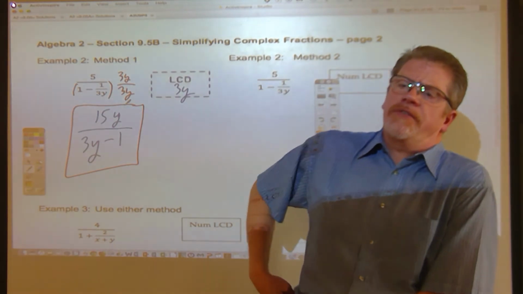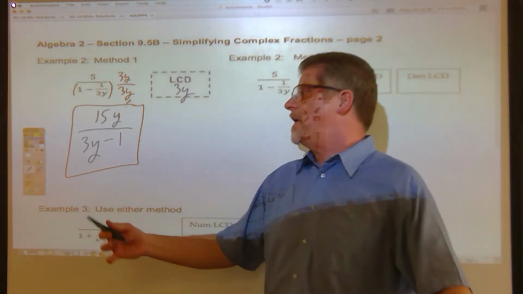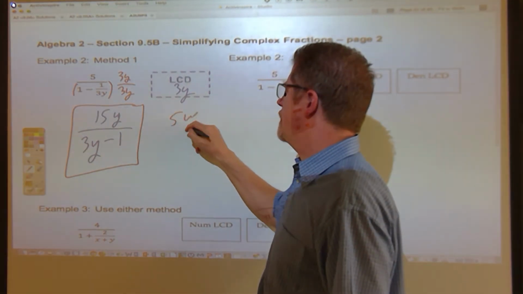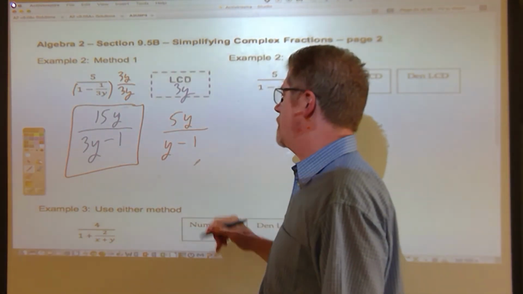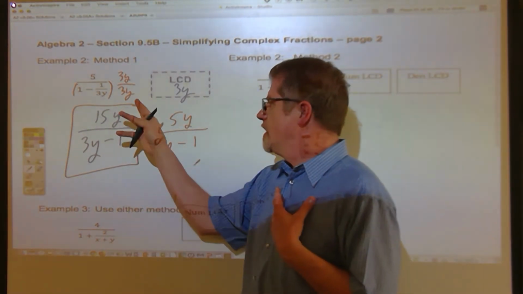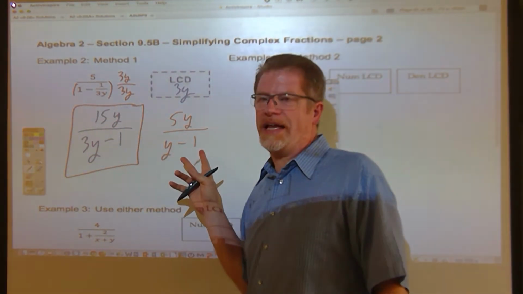So all day today, I've had students crowding around me asking, can we cancel the 3 with the 15 to get a final answer of 5y over y minus 1? What do you think my response has been to the request to reduce this to that?